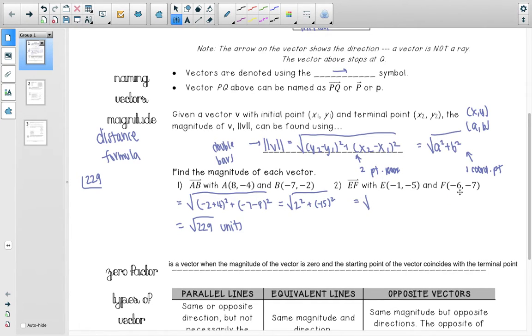I'll go through and do this one. It doesn't matter which order you do. I always do the last and then the first. You can do the first and the second, but whatever you do with the y values, you have to do with the x. So we have -7 minus -5, which is positive, and we square it. We have -6 minus -1, which is positive 1, and we square it.